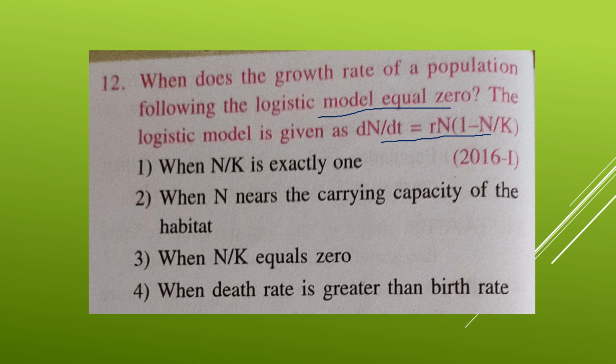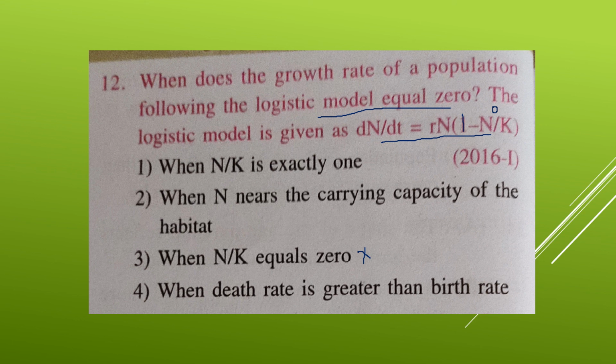If you assume this N by K value is 0, then 1 minus 0 will be 1, so it will be the same as the intrinsic rate of increase. Here if N by K is 0, the population will not become 0. But here they were asking when it will be equal to 0.